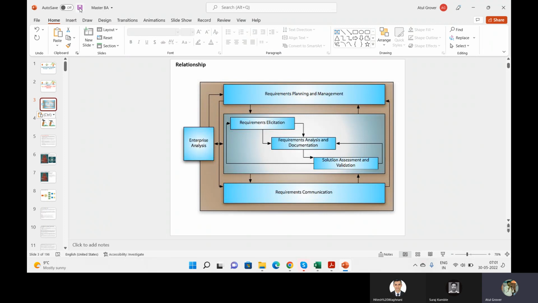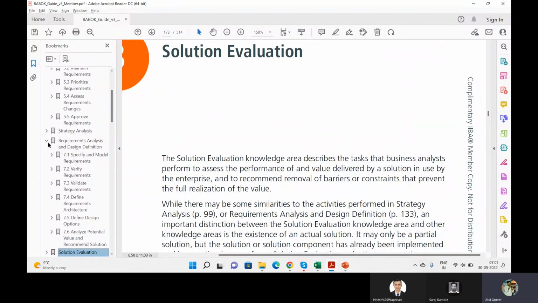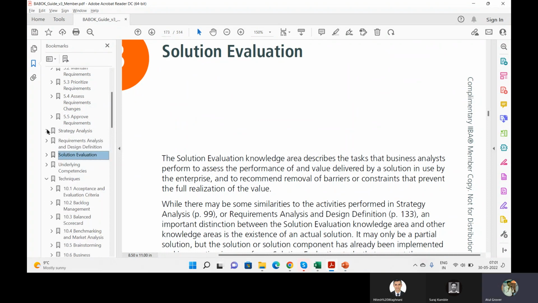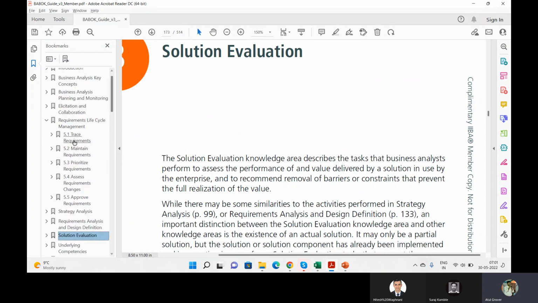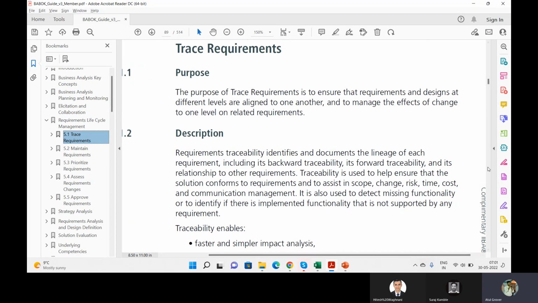That is when I always put this thing very clearly, because this will give you the clear picture of what a BA needs to do. So it looks like 3 steps, but in these 3 steps, a lot of other things are getting covered here. Okay, so let's come back here. Otherwise, ensure that requirements and design at a different level are aligned to one another.